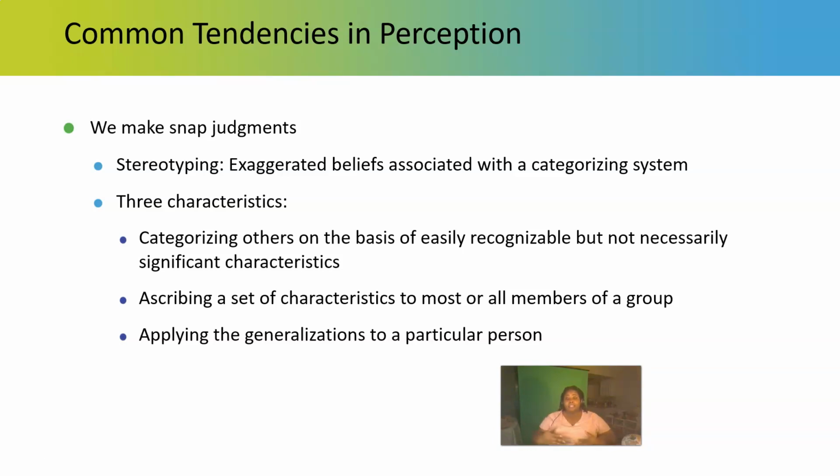Another thing about stereotypes is there is the recognizable trait, but it might not have anything to do with the actual characteristic. So just because the color of a car is that color, that doesn't mean that the person driving that color car is more prone or less prone to speeding than anyone else.